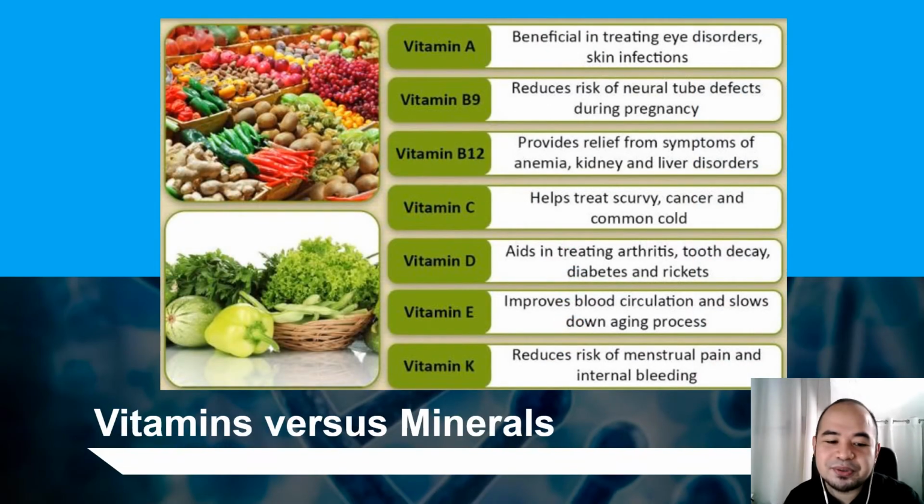Now, let's go to the difference between vitamins and minerals. Straight away, vitamins are organic, minerals are inorganic. You have learned in your earth science that minerals are definitely inorganic, so that's not a question anymore. But what we want to differentiate now is that there are vitamins that are water soluble and there are fat soluble.